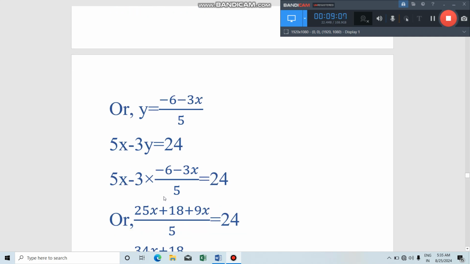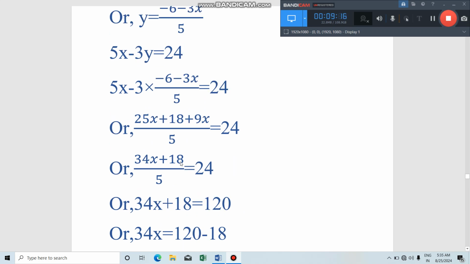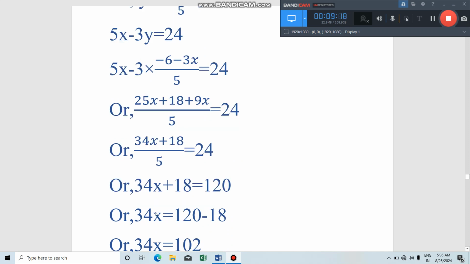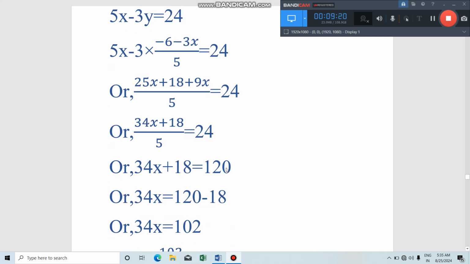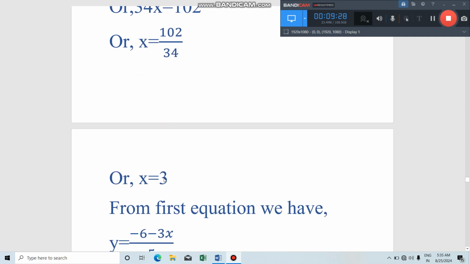So it will become 5x − 3(−6 − 3x)/5 equals 24. Or after calculation, it will become (25x + 18 + 9x)/5 equals 24, or (34x + 18)/5 equals 24, or 34x + 18 equals 120, or 34x equals 120 − 18, or 34x equals 102, or x equals 102/34. So x equals 3.